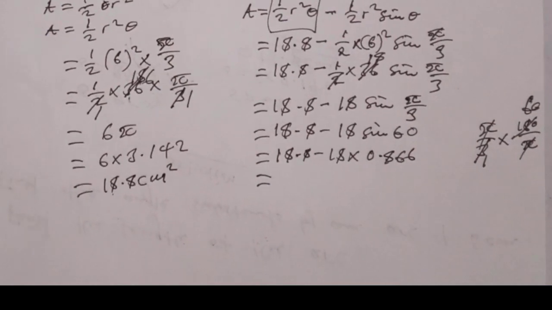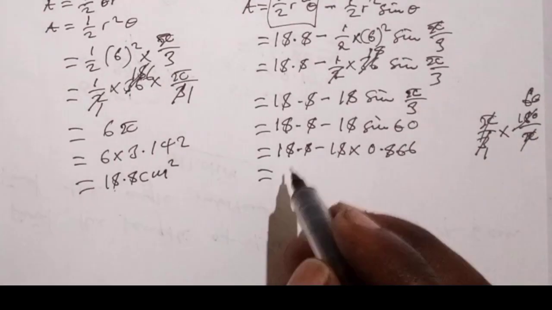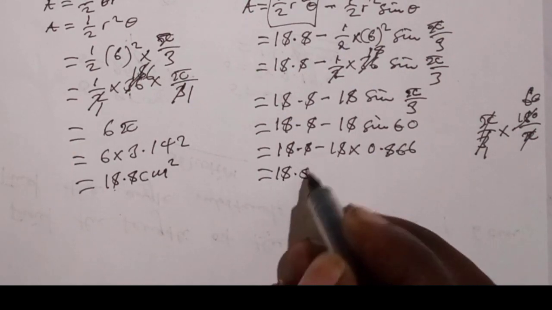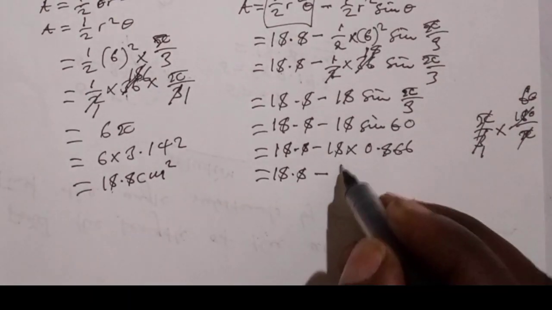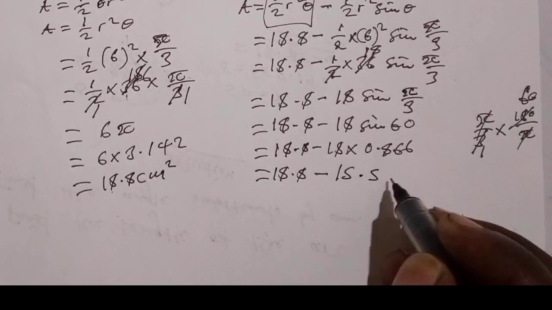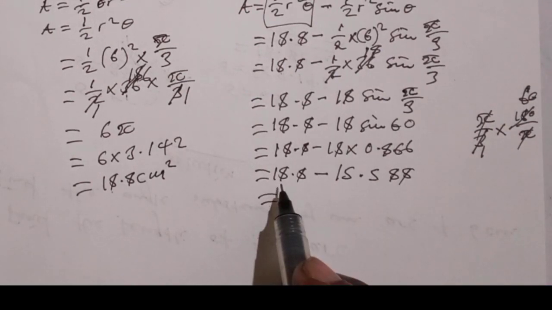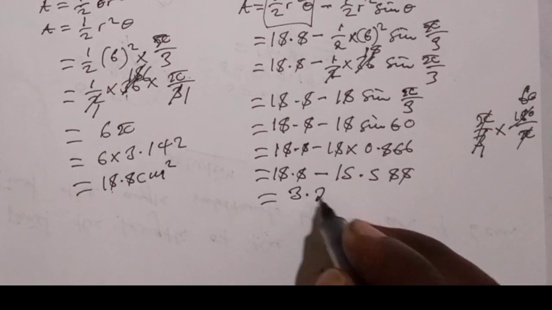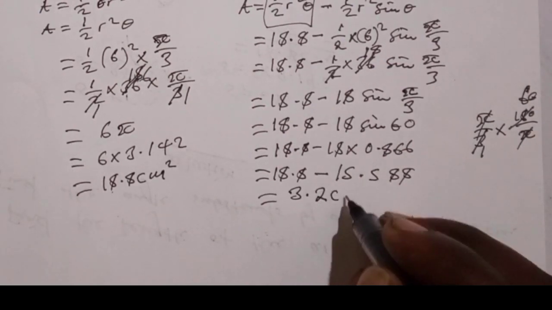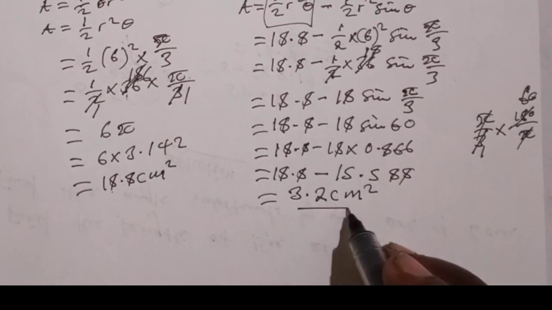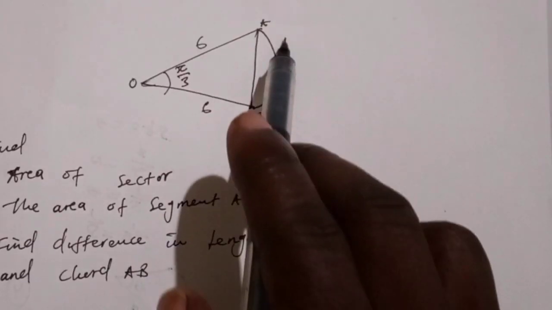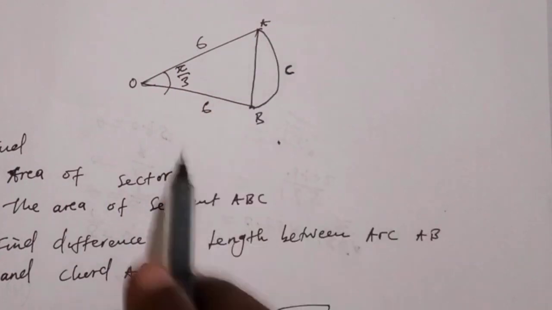Then let's try to multiply now. This is 18.8 minus, if you multiply, 15.588, and then when you subtract from 18.8, 3.2 centimeters squared, because we are finding the area of this segment here.